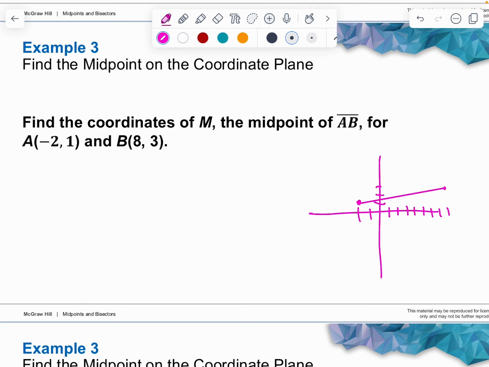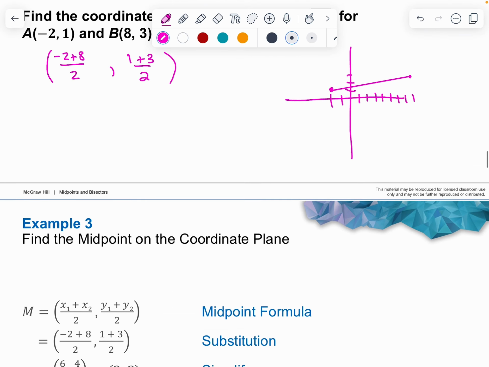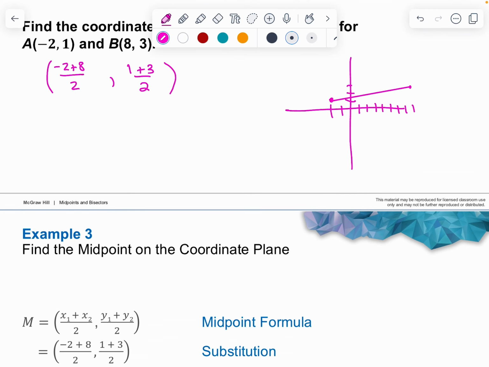Where's our midpoint in there? Okay, so we're going to add the x's: -2 plus 8 over 2, and add the y's: 1 plus 3 over 2. That is exactly the math that they do down there. See that?